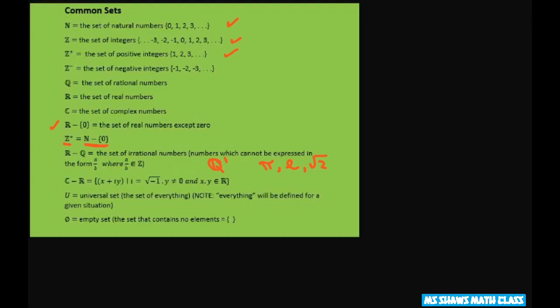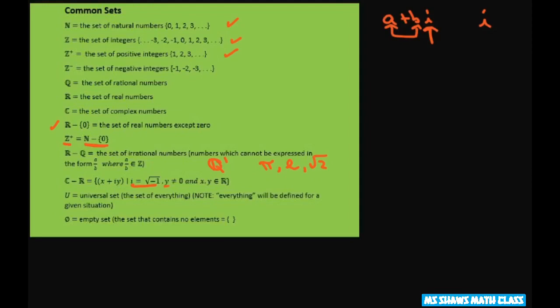Remember, complex is the whole set. Most complex numbers are A plus Bi, where this is the real part and this is the imaginary part. If you take away the reals, then you're just looking at the i part.